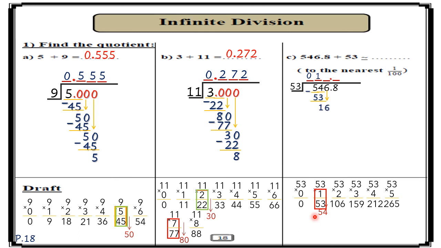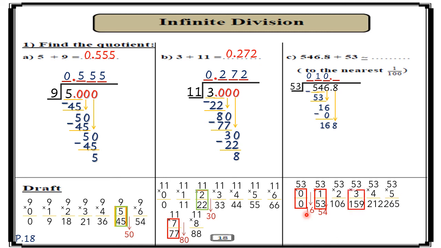Now I have 16. Search for 16. 16 is between 0 and 53. Take the smaller. The number which is up, up; the number which is down, down; minus. 16 minus 0 equals 16. After this, drop 8. Now I have to search for 168. Do we have 168?